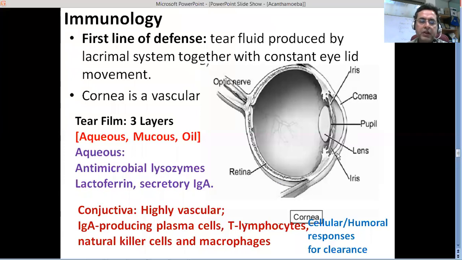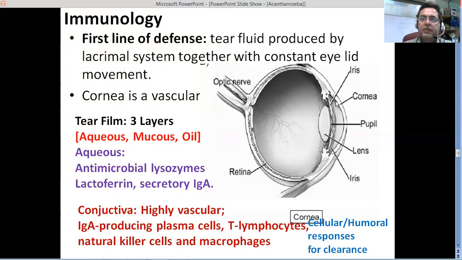If it is avascular, it means it would not be protected like other vascular structures would be, because the blood supply is not there, so you cannot expect cellular or humoral immunity here for protection. So what is here? The tear film, which is composed of aqueous, mucus, and oily layers, three different layers, and the aqueous layer particularly contains antimicrobial lysozymes, lactoferrin, and secretory immunoglobulins.